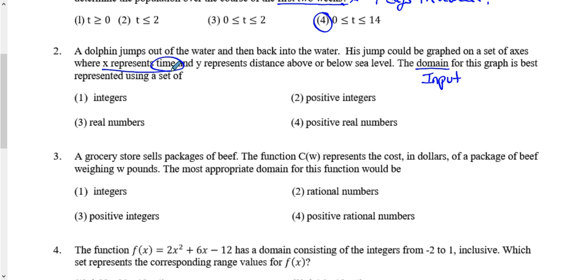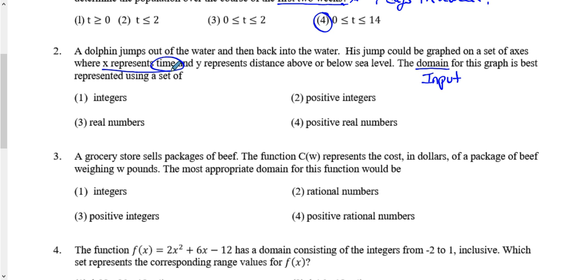Positive integers, so like one, what is the time in, what did we say? Say it's minutes. So 1 minute, 2 minutes, nothing in between? You're right, it'd have to be positive, because we're not going to go back in time and measure the dolphin. Choice 2, positive integers.